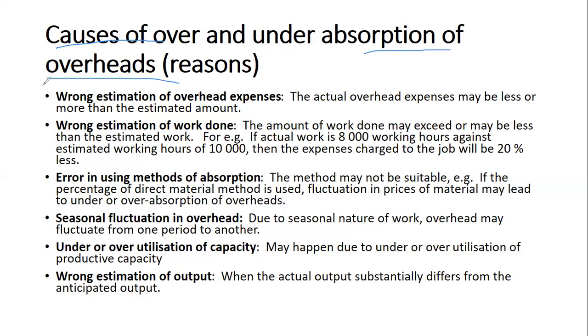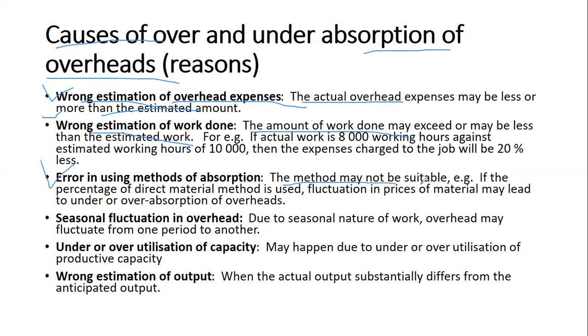The common reason is that there is wrong estimation of overhead expenses. The actual overhead expenses may be less or more than the estimated amount. Wrong estimation of work done: the amount of work done may exceed or be less than the estimated work. Also, there can be error in using methods of absorption.